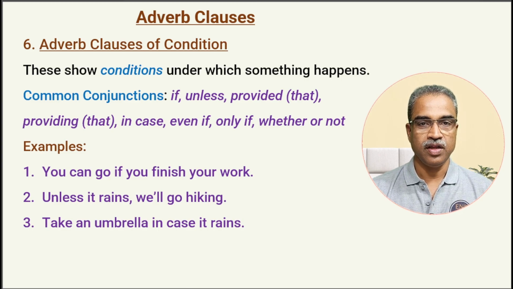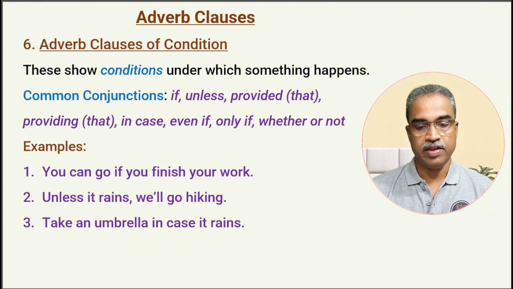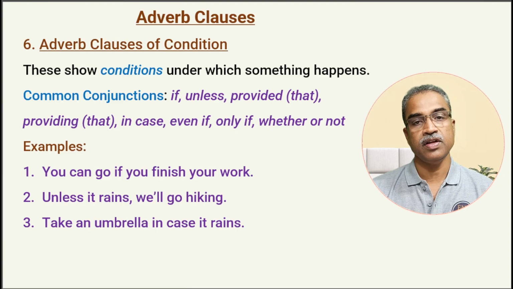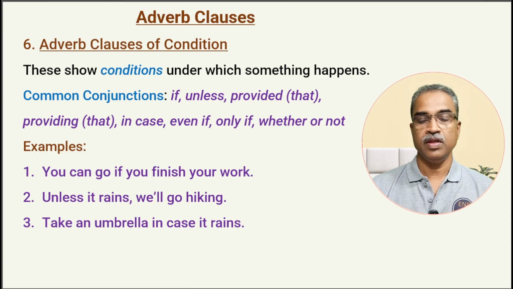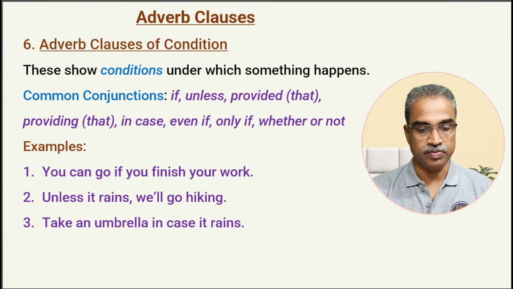So when we say unless, it is equal to if not. So if, unless, provided that, providing that, in case, even if, only if, whether or not, these are some of the subordinators that we use for making subordinate adverb clauses of condition.